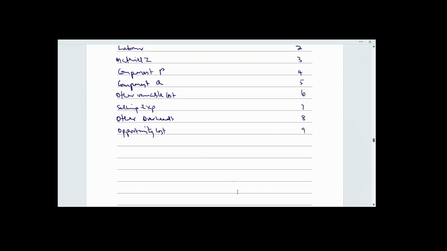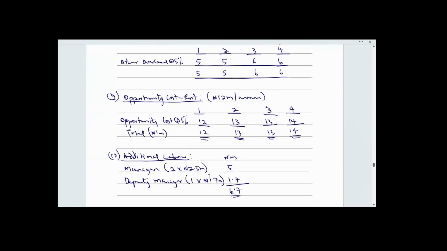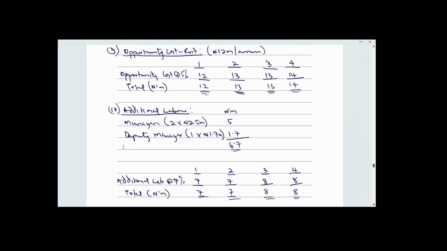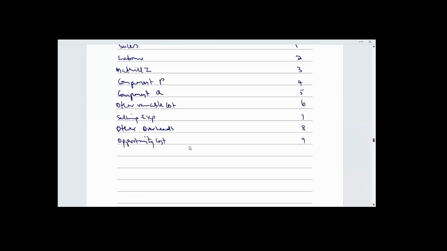Working number 10 is additional labor cost. After this, I'm going to have profits.